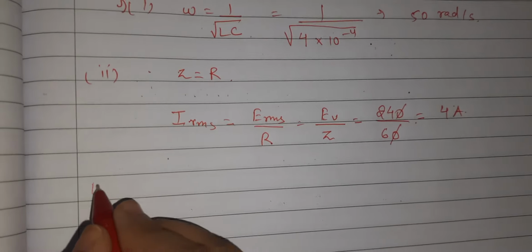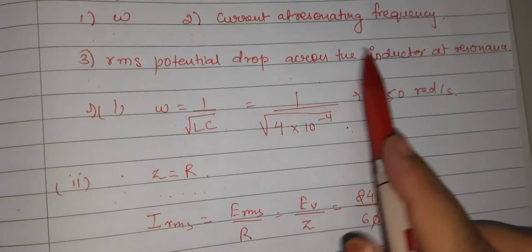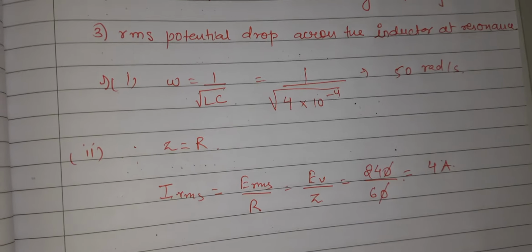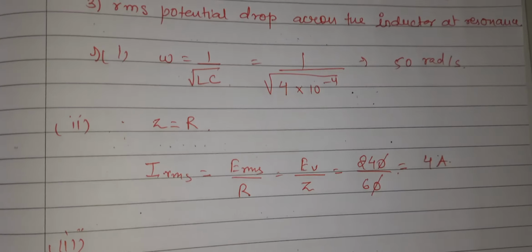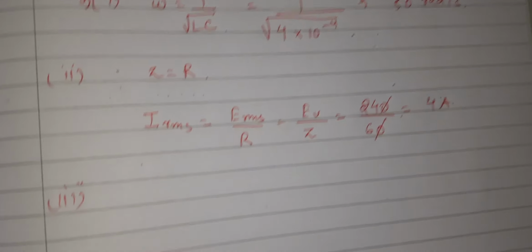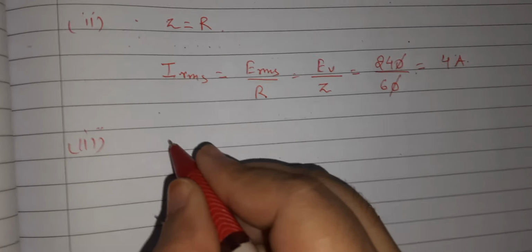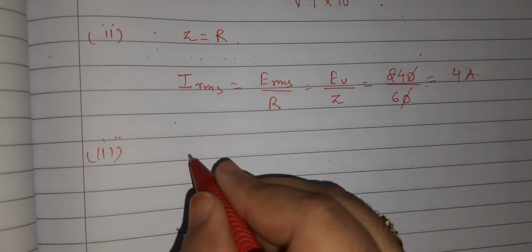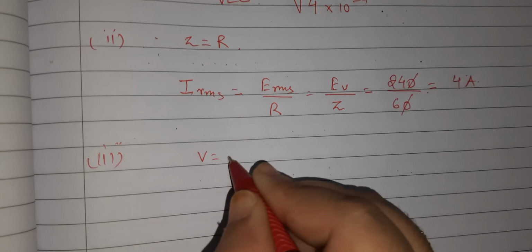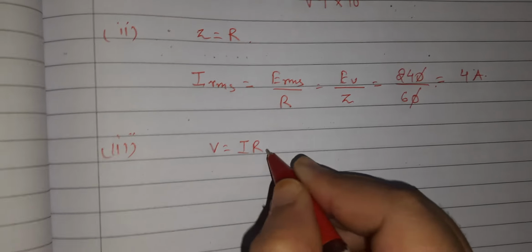Okay, and the third question we need to find is the RMS potential drop across the inductor. How much potential is dropped across the inductor at resonance? First of all, if we focus on Ohm's law, the formula is V equals IR.